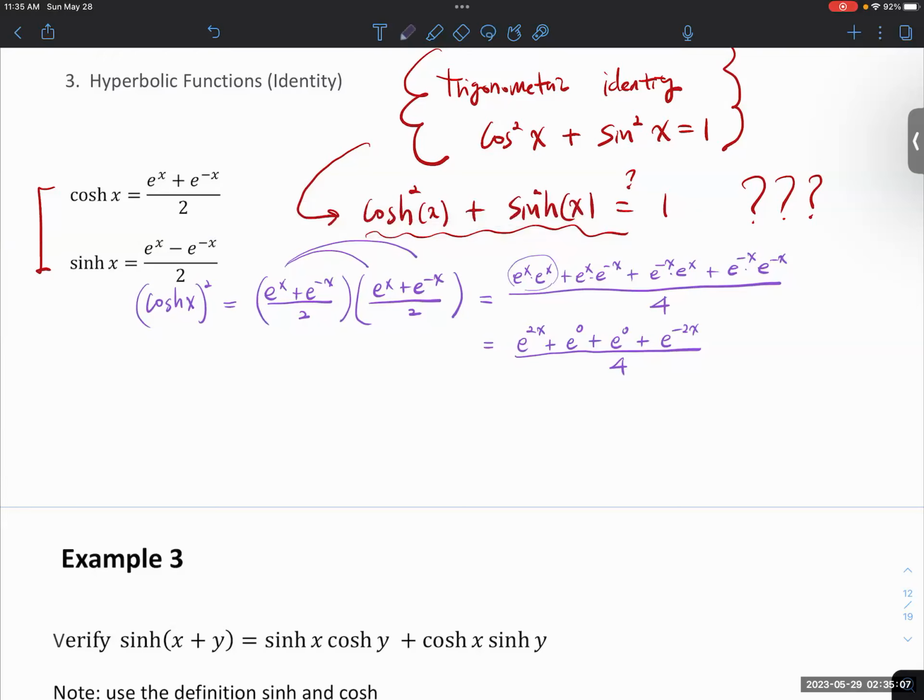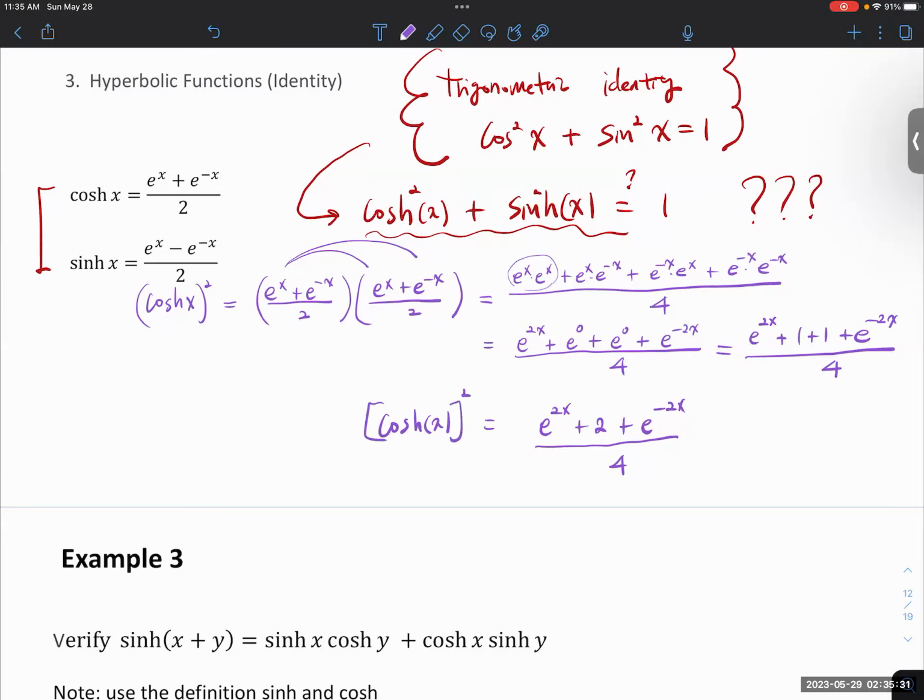So now I simplify: e to the 2x plus e to the 0, that is a 1, plus 1 plus e to the negative 2x over 4. Again, I can simplify: e to the 2x plus 2 plus e to the negative 2x over 4. That is cosh x to the second power. We're going to stay here for a second.